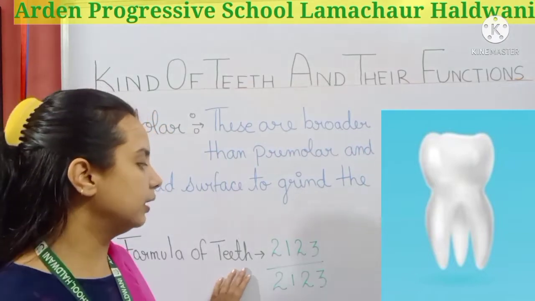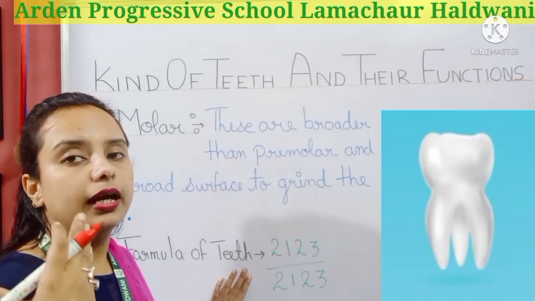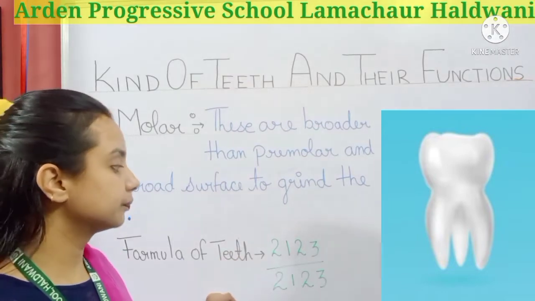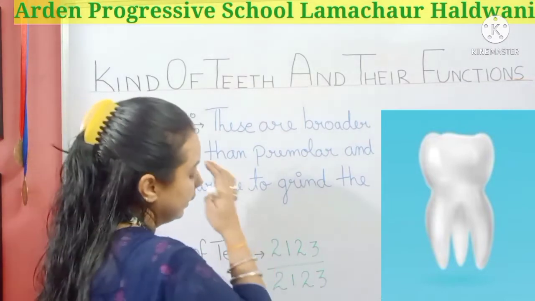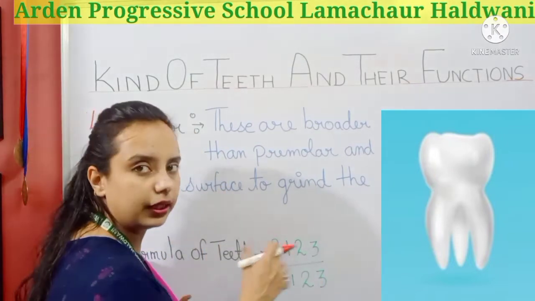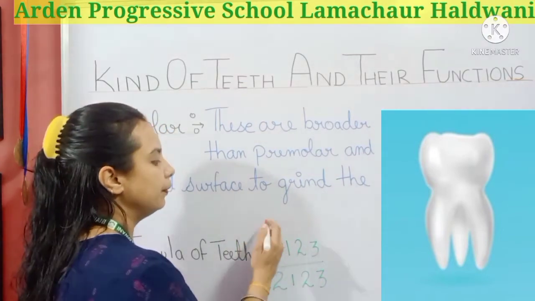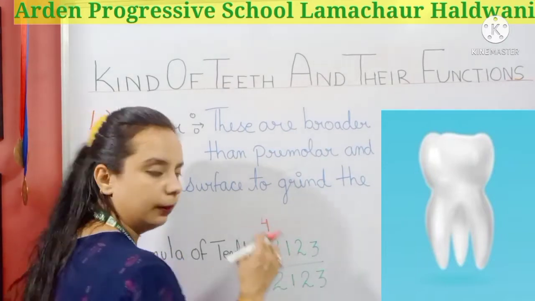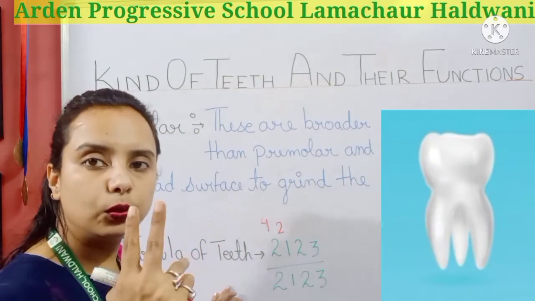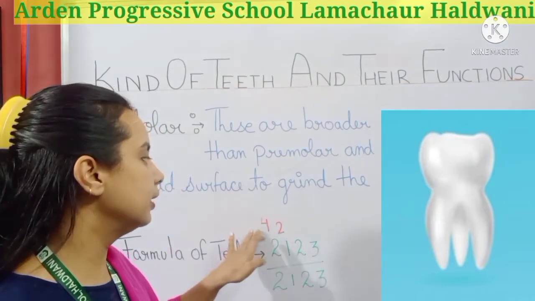Now you may be thinking that I told you there are 4 incisors, and here I have written 2. That is because in the upper jaw, the incisors are in the form of pairs. One pair means 2, so 2 pairs means 4.